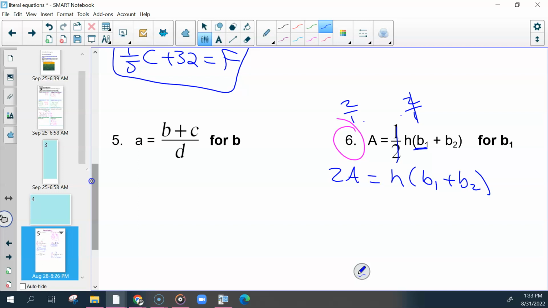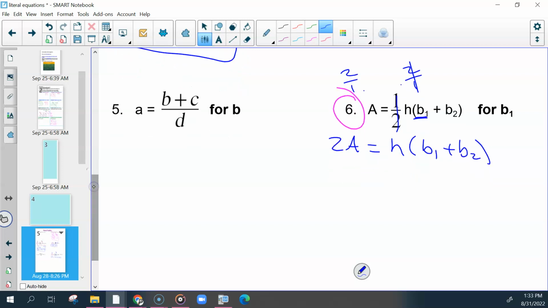How would we get rid of the h, though? Divide. We could distribute, but then eventually we'd have to divide by the h, and that might get messy. So here, instead of doing that later, we're just going to do it now. Because then the h's go away, and we're left with just b1 plus b2.